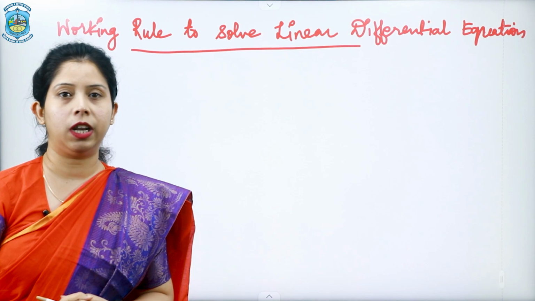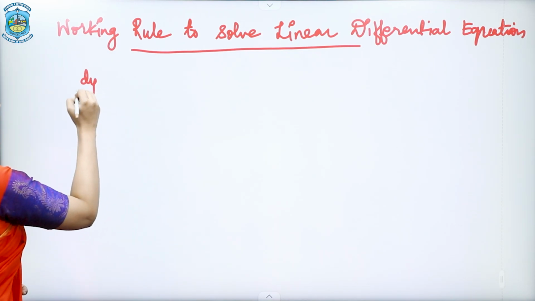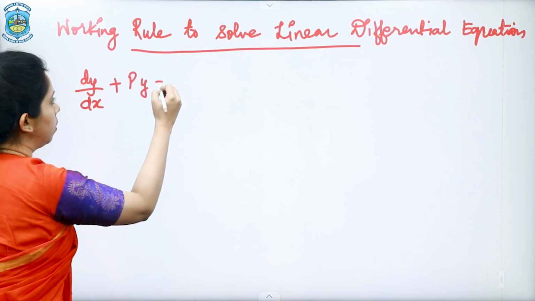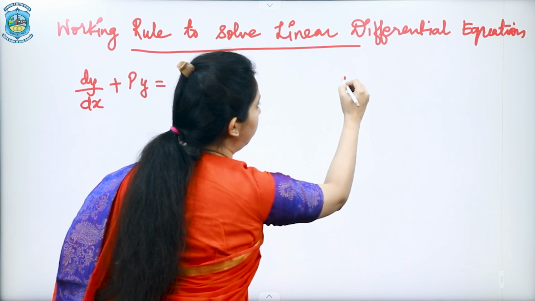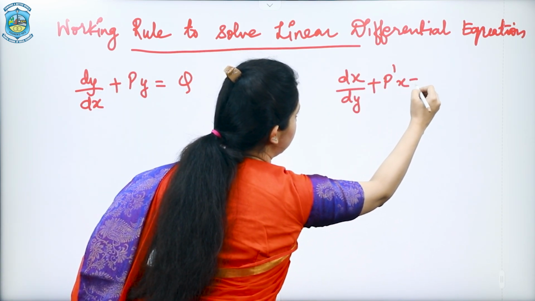So, let us begin. As you know, linear differential equations are of two forms. The standard linear differential equation in y is dy by dx plus py is equal to q, and the other form is dx upon dy plus p dash x is equal to q dash.